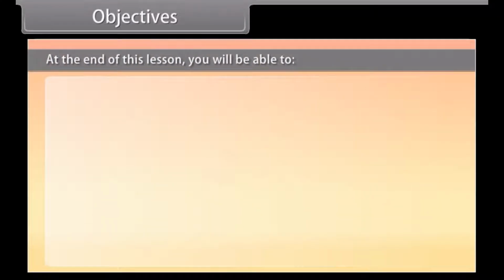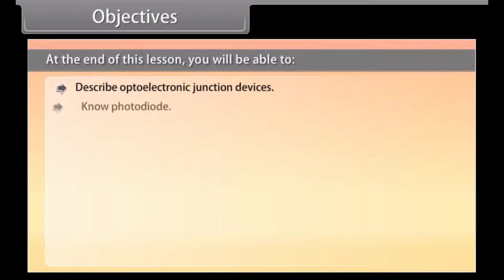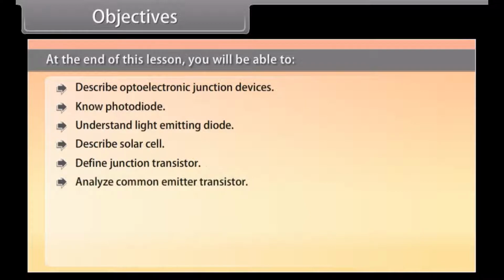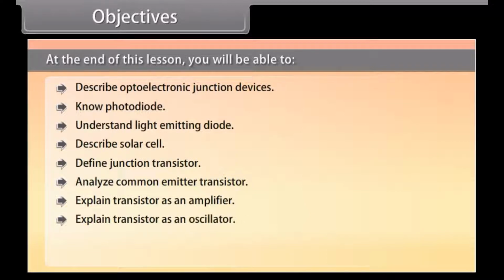At the end of this lesson, you will be able to describe optoelectronic junction devices, know photodiode, understand light-emitting diode, describe solar cell, define junction transistor, analyze common emitter transistor, explain transistor as an amplifier, explain transistor as an oscillator, describe logic gates, define integrated circuits.